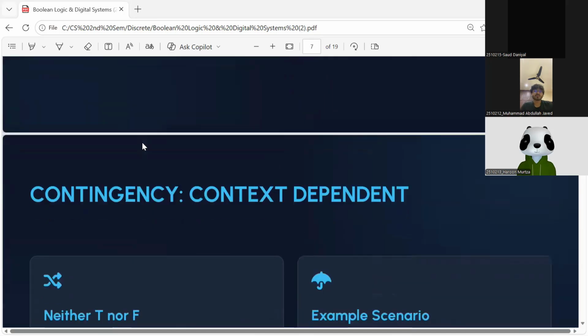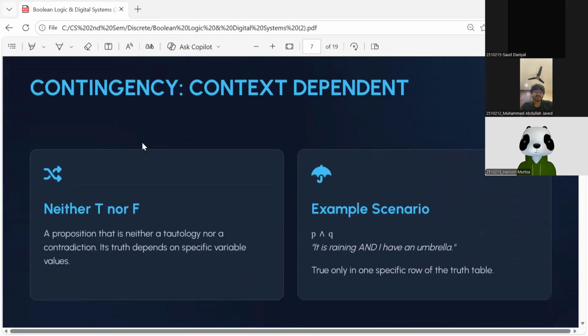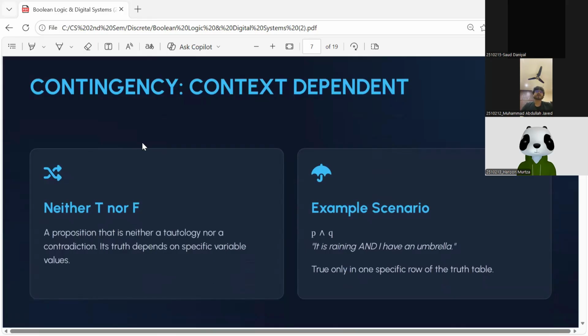Now we'll move to the next slide, which is contingency, content dependent. The basic concept is that the statement is neither always true nor always false. Why are they neither true nor false? Because they are dependent on the scenario which is happening.